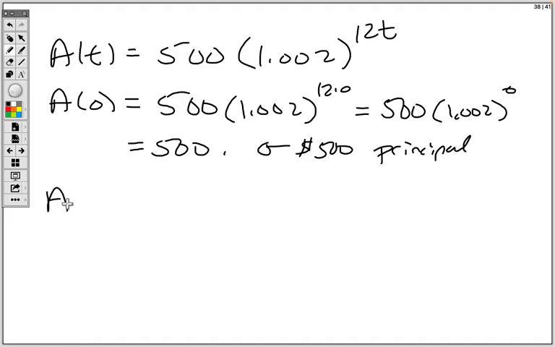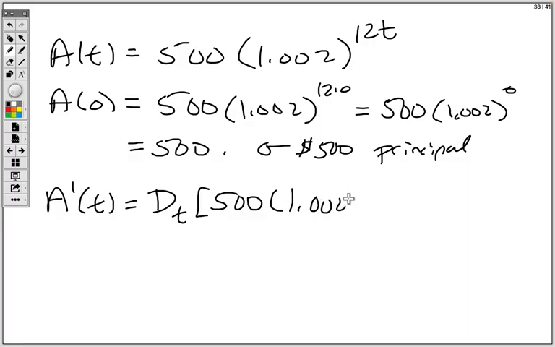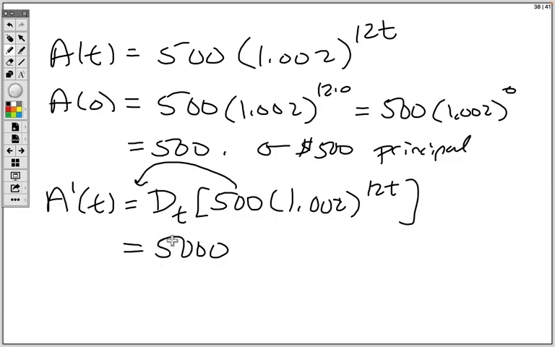So let's take a look at A prime of t. So I need to take the derivative with respect to t. 500 times 1.002 to the 12t power. The 500 is a constant multiple that comes out front. So 500 times, and now I'm taking the derivative of 1.002 to the something.